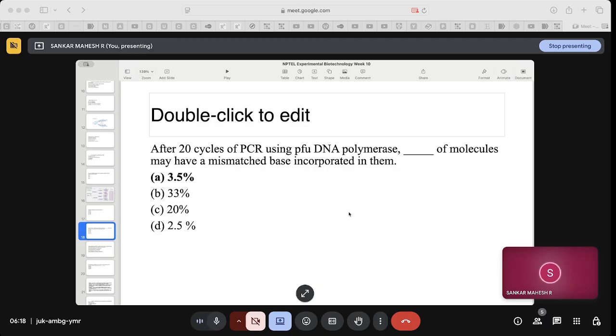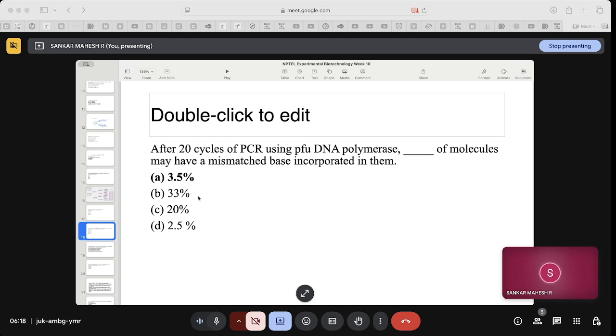Yes. In a PCR you cannot have one in every three base mismatch or one in every five base mismatch. So definitely options B and C, 33% and 20%, are incorrect.